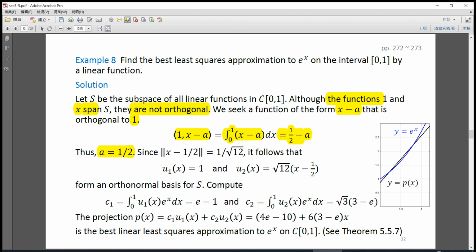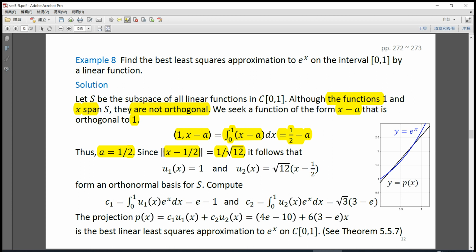To this end, we compute the norm of 1, which is also equal to 1. You can verify this fact by yourself. Then we compute the norm of x minus 1/2, which equals the inverse of the square root of 12.